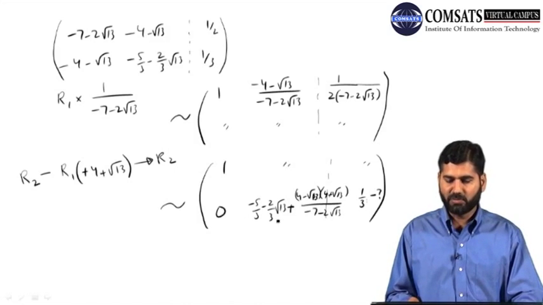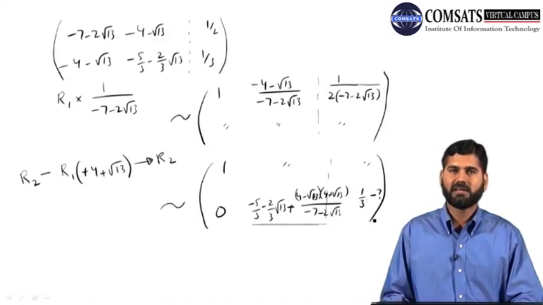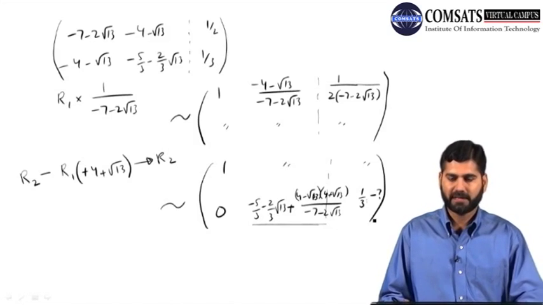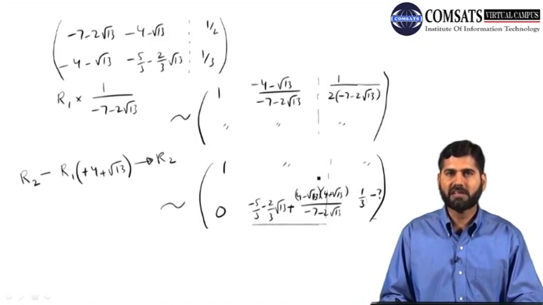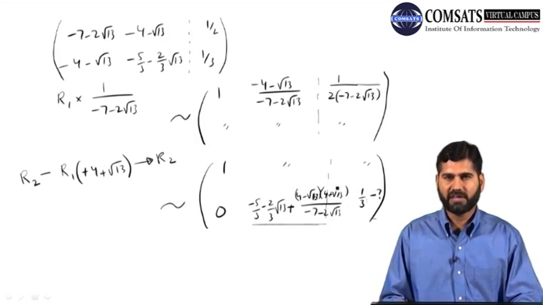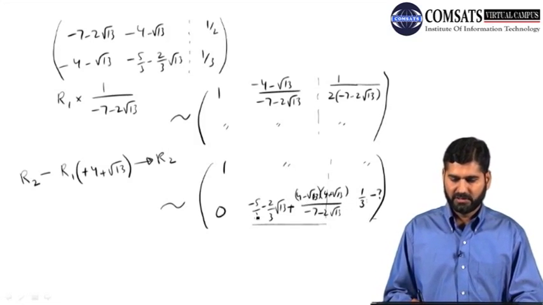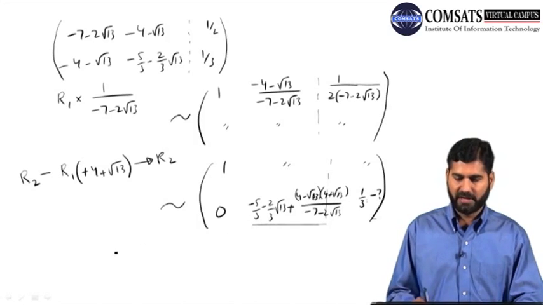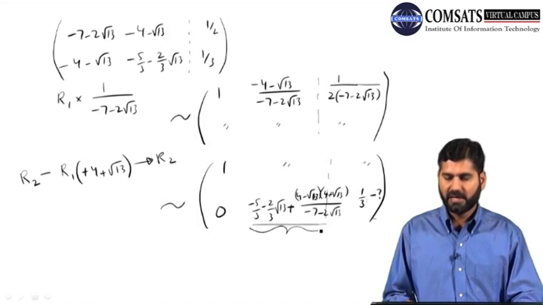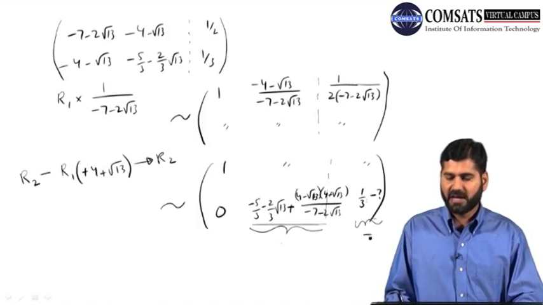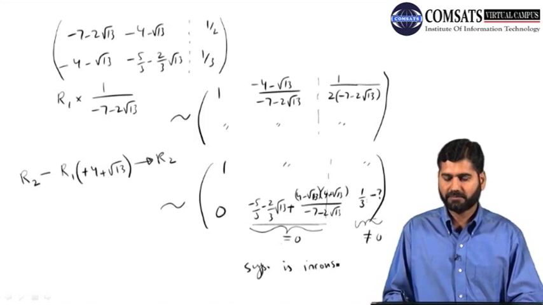Now for the system to be consistent, both of these should be 0, then you will get infinitely many solutions. If one is 0 and the other is not, then you will be in trouble. From here it can easily be shown that if you simplify this one and this one, this is equal to 0 and this is not equal to 0, which means the system is inconsistent. Inconsistent means it has no solution, right? So this is the case in our problem.